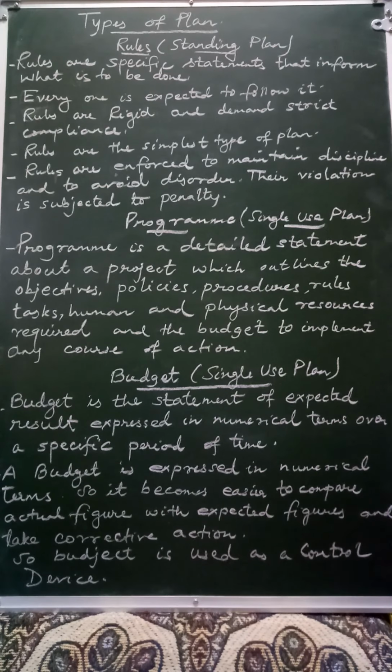As you can note from the definition, a program is a detailed statement, and this detailed statement includes objectives, policies, procedures, rules, tasks, human and physical resources, and the budget to implement any course of action.